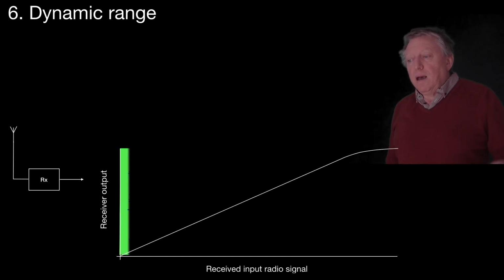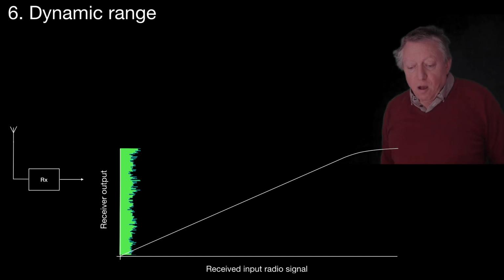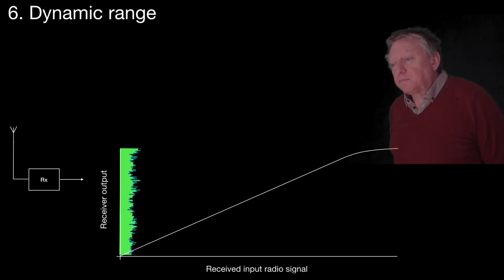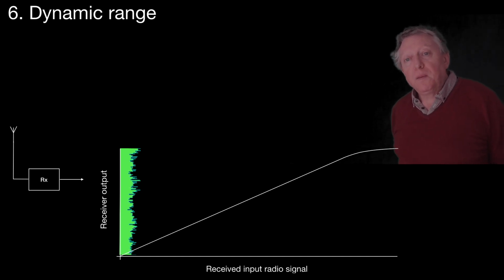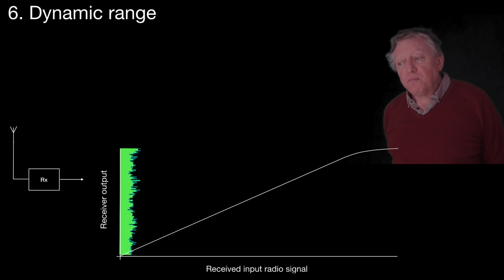This could be the dynamic range of a receiver. The output of the receiver will have some noise on it, even when there is no signal connected to the antenna. And that is the inherent noise of the receiver itself.